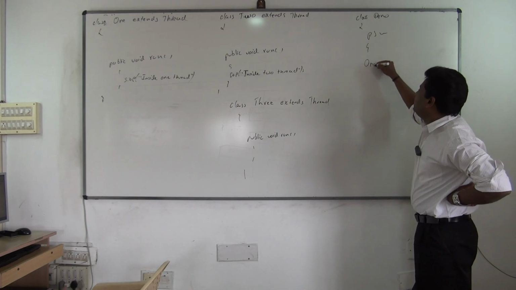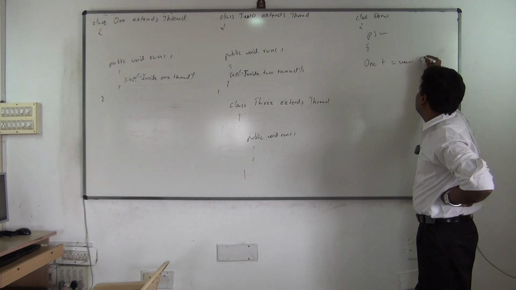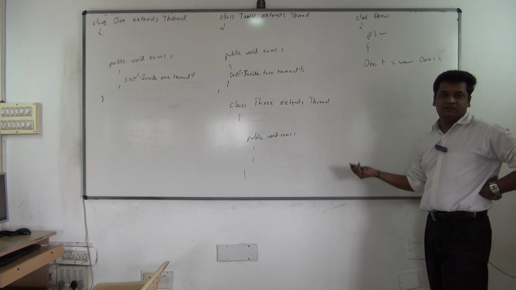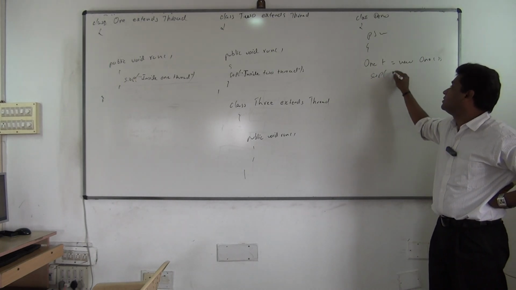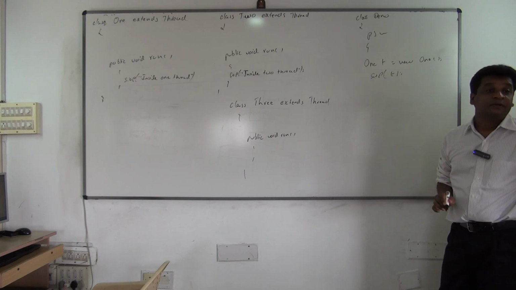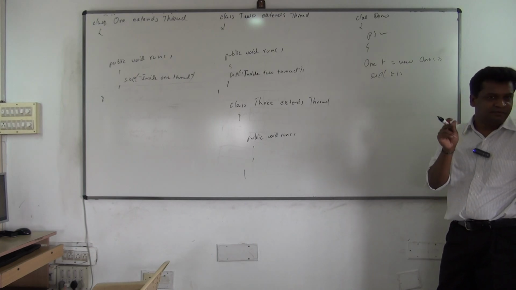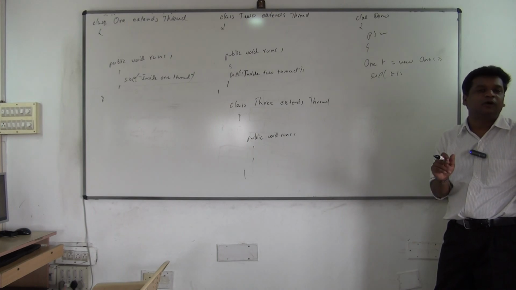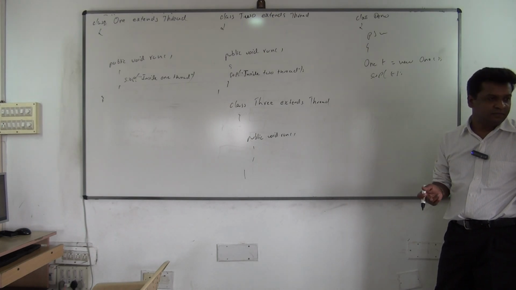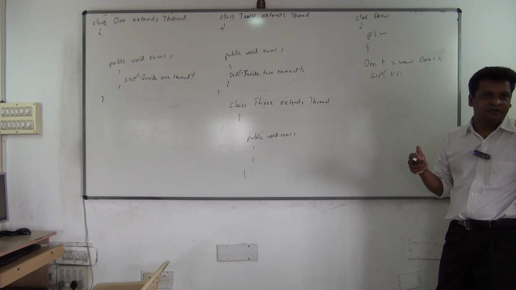PSVM, see now, T is equal to new 1. Simple now. And if I print SOP of T, can you guess what it will print? Thread-0. Some implicit name it will give. 5. And it will put it into the group called main group. If I do this much, it will create a thread object.